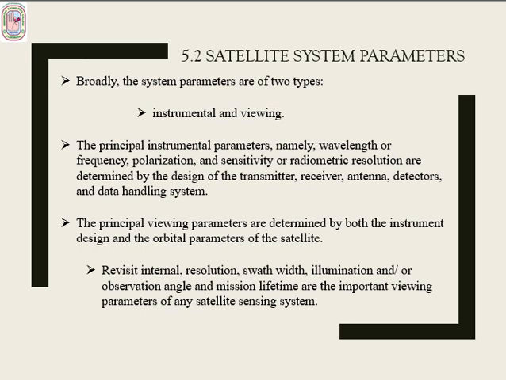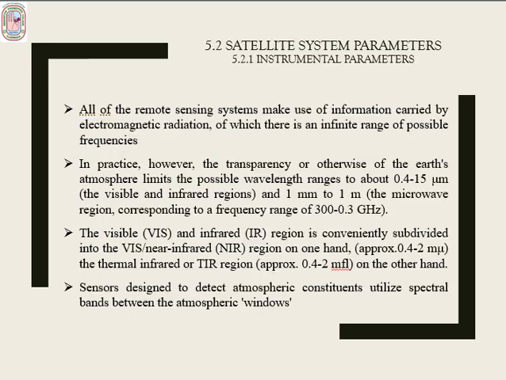The principal viewing parameters are determined by both the instrument design and orbital parameters of the satellite. These are revisit interval, resolution, swath width, illumination and observation angle, and mission lifetime, which are the important viewing parameters of any satellite.